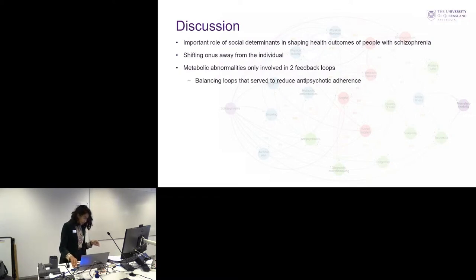So, of course, they do contribute to the development of physical diseases, but in terms of system behavior, the main contribution was actually reducing medication adherence. So addressing these side effects would therefore not only reduce the risk of comorbidities, it would actually increase medication adherence and then obviously the protective effects of antipsychotics.